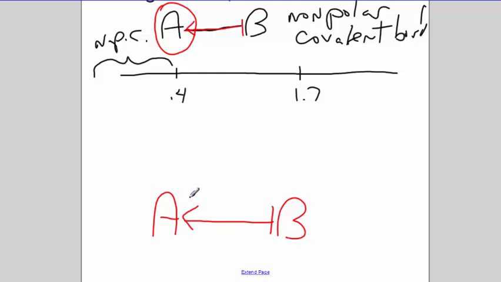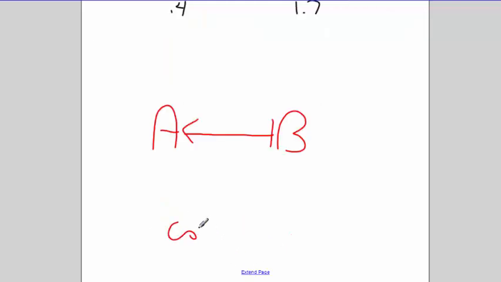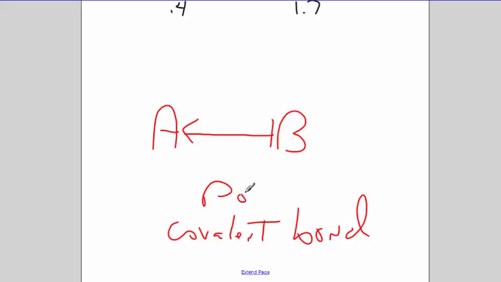Now, we're still sharing electrons, okay? They still belong, quote unquote, to both. This is still a covalent bond. But now, it's a polar covalent bond.